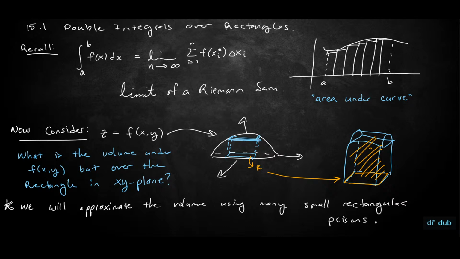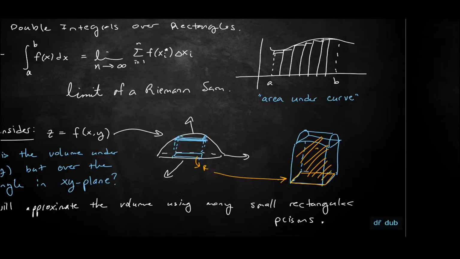So that's kind of how we're going to answer the question of what is the volume under the function f of x y, so below the surface but over the rectangle R in the xy plane. So that's kind of our goal. That's how we're going to approach this. So we're basically going to have a bunch of little rectangular prisms that are somewhat approximating the volume under this surface. So let me just try to draw this again.